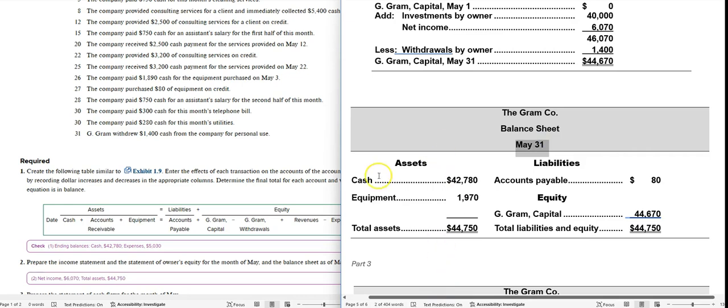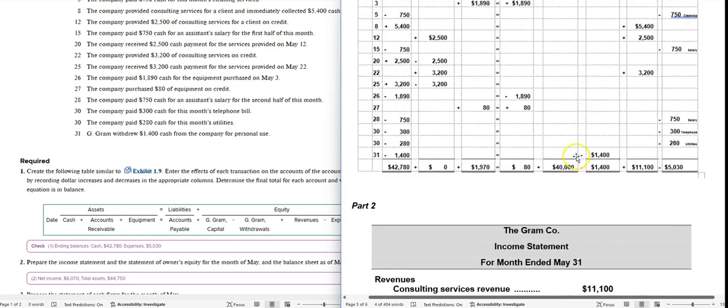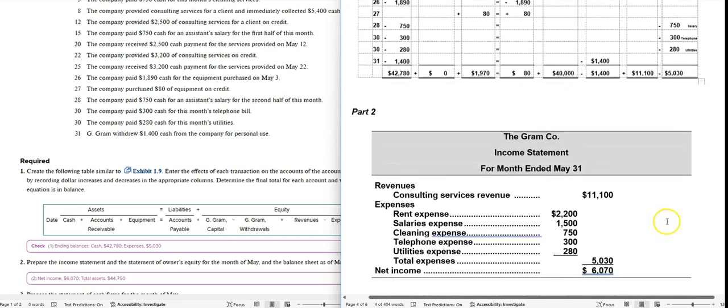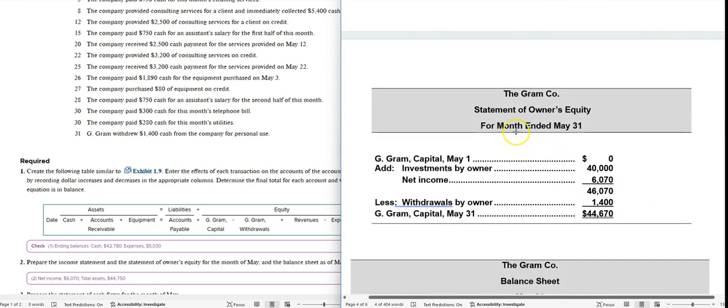These are the assets on May 31st, the last day of this accounting period. Total cash, total equipment, total assets. The liabilities, total liabilities of 80. And instead of re-reporting all of these elements of equity, we are going to use the ending owner's capital from our statement of owner's equity to prepare the balance sheet.